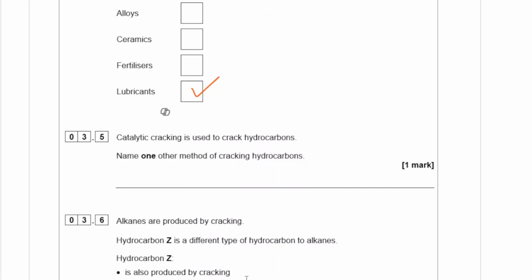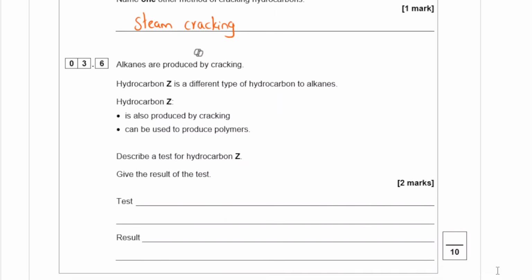Catalytic cracking is used to crack hydrocarbons. Name one other method of cracking hydrocarbons. That would be steam cracking. Alkanes are produced by cracking.